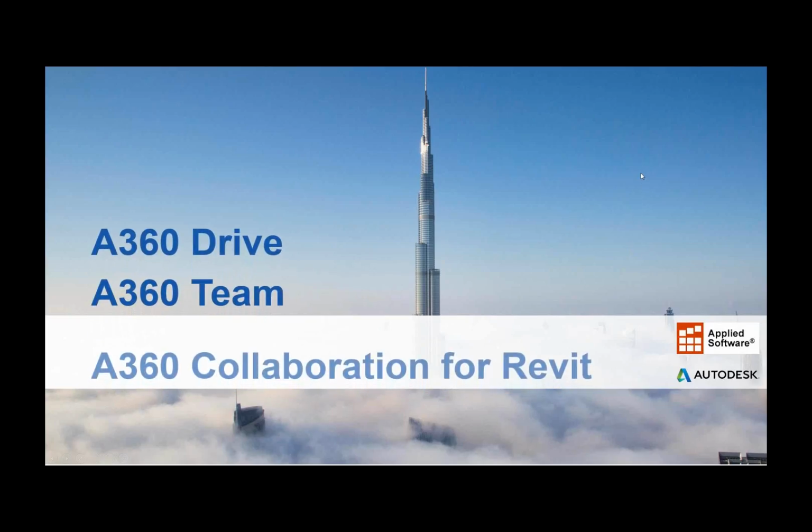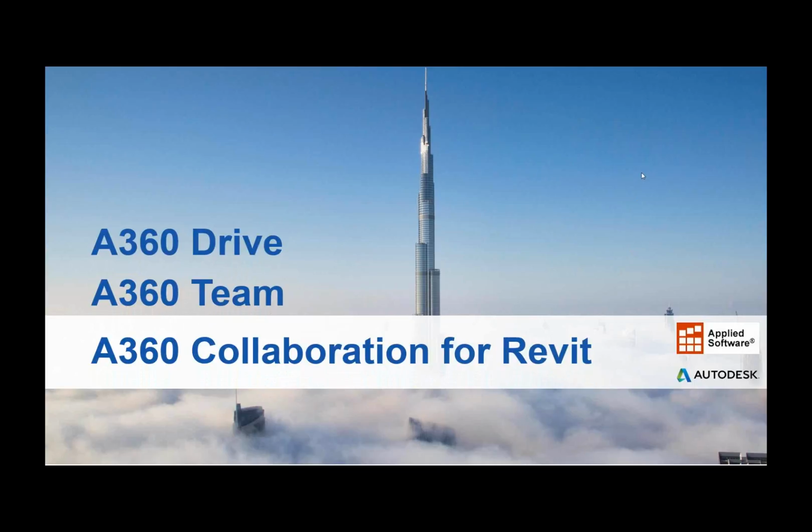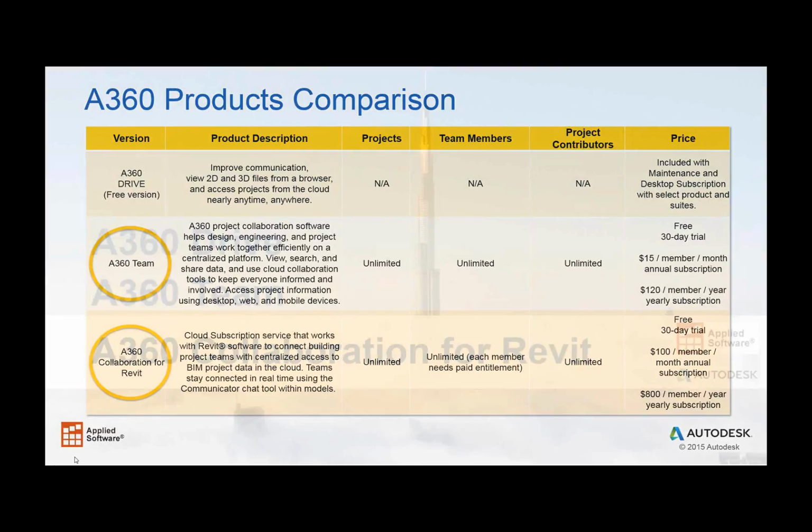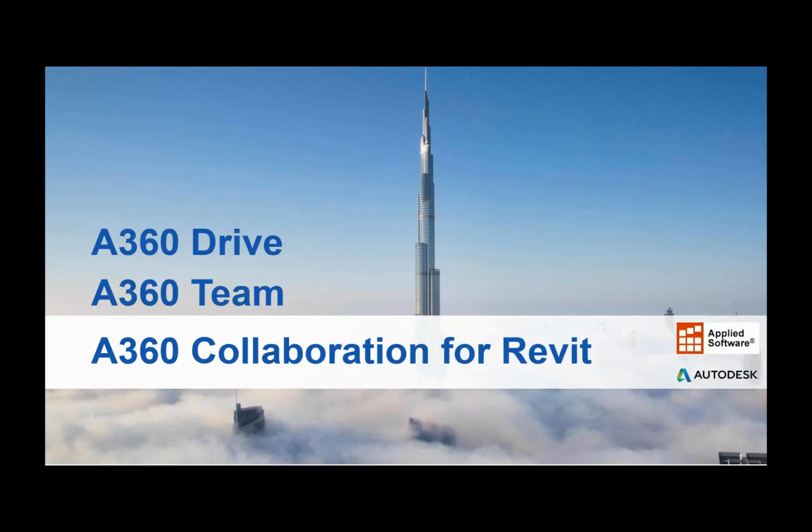I'm super excited about having everyone on this call. In today's presentation, we're going to go over the 3 different flavors of A360. A360 in the big picture is the cloud, and it's the different types of platforms that Autodesk offers in the cloud.